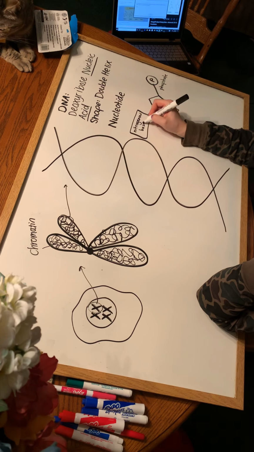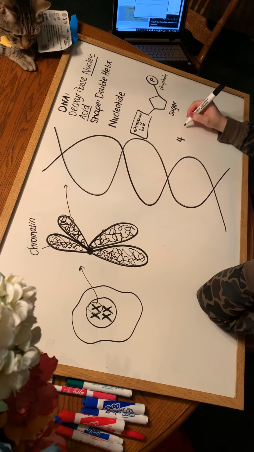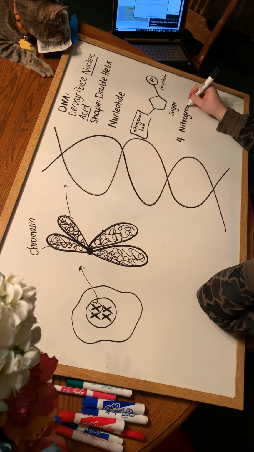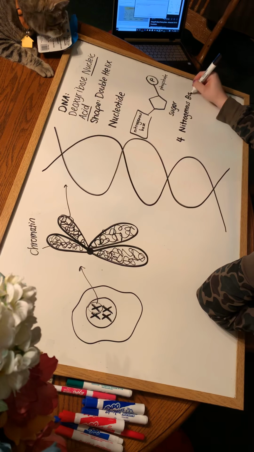Okay? There are 4 nitrogenous bases in DNA.